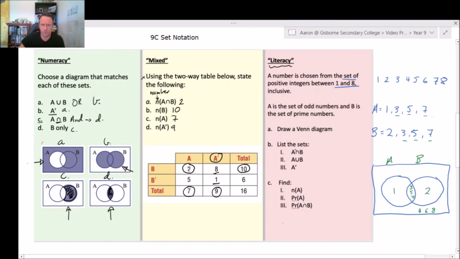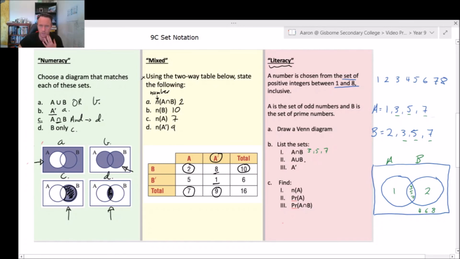Now we've done that, we want to list the sets of those who are in A and B. That's the common ground between both of them, and that's 3, 5, and 7. Now remember, it's only asking us to list the sets. We're not finding the probability of anything.